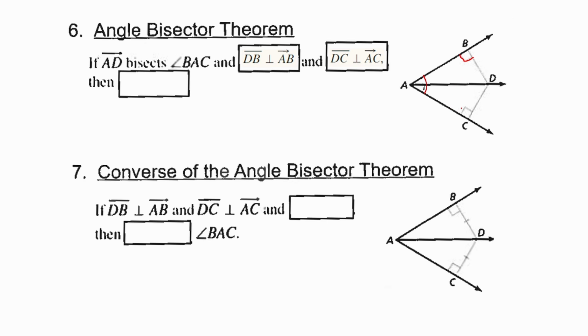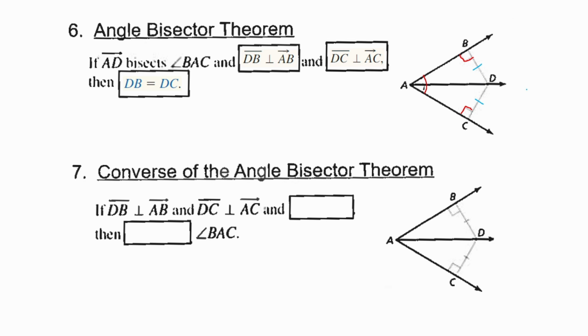And we also need the case that DC and this ray AC are also perpendicular, so we need that to be true as well. Then we can make the claim that DB is equal to DC. So we can make this claim here that this segment is congruent to this segment.